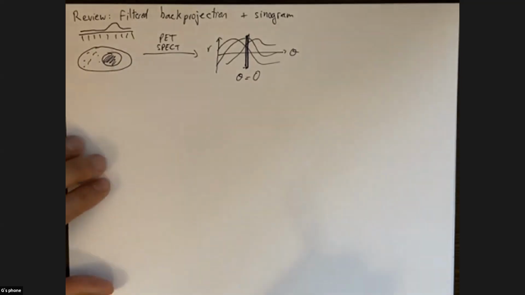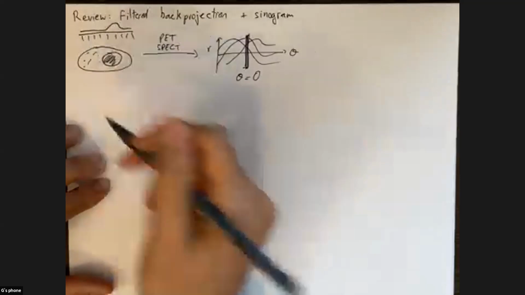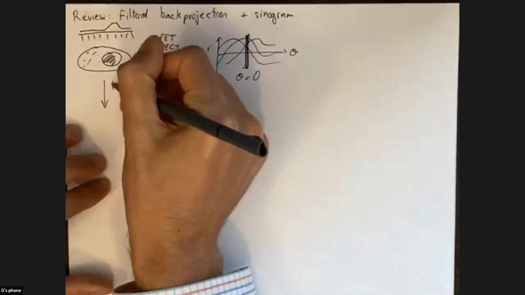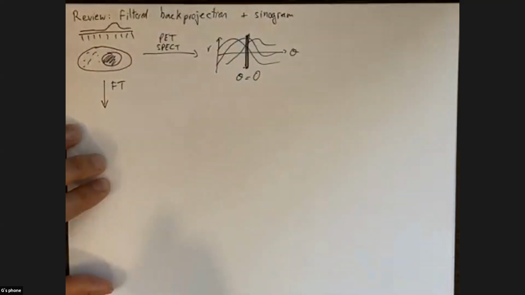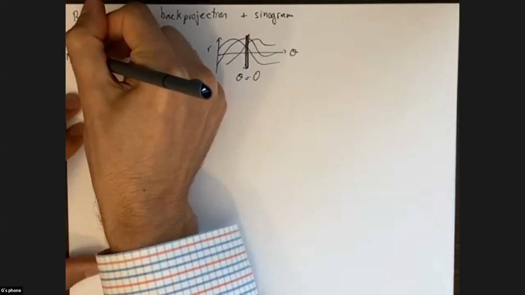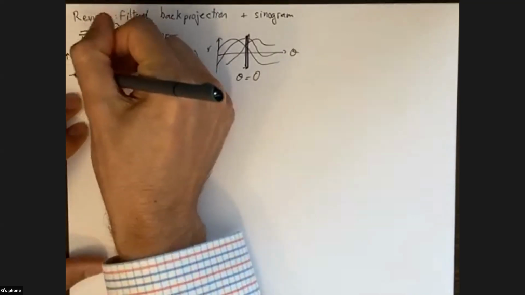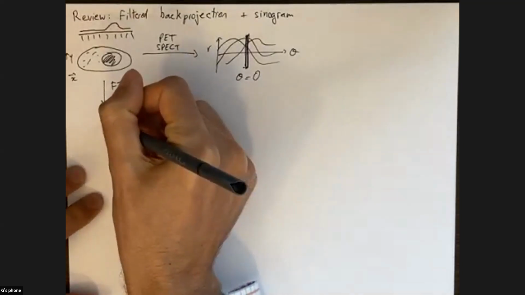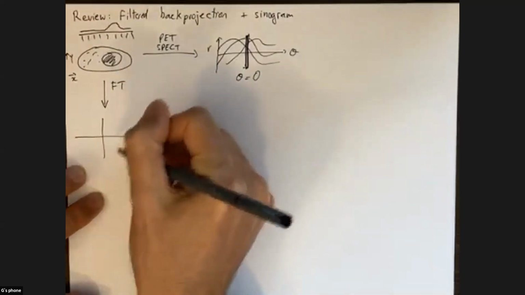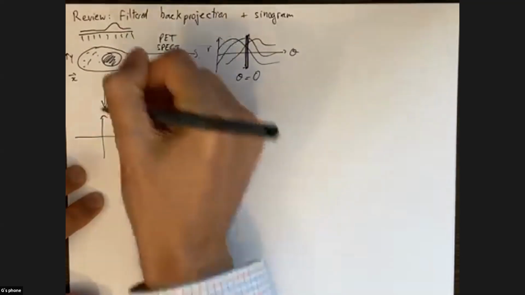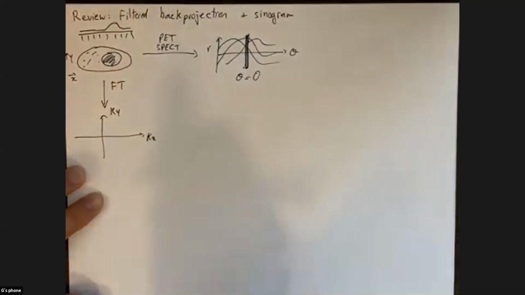The second thing we talked about was that if this is a 2-dimensional distribution, we can talk about a Fourier transform of that distribution. So this is the Fourier transform, and we can go into the frequency domain. Originally, this is the spatial domain, X and Y, and we can go into the frequency domain, which would be Kx, the spatial frequency, and Ky.